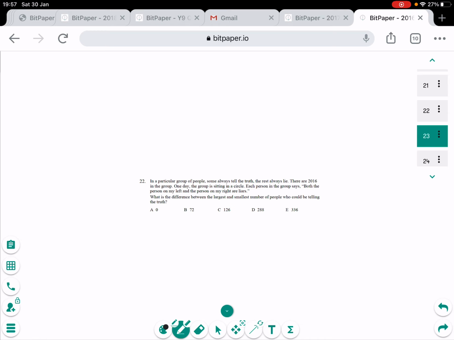For question 22, it says in a particular group of people, some always tell the truth, the rest always lie. There are 2016 in the group.